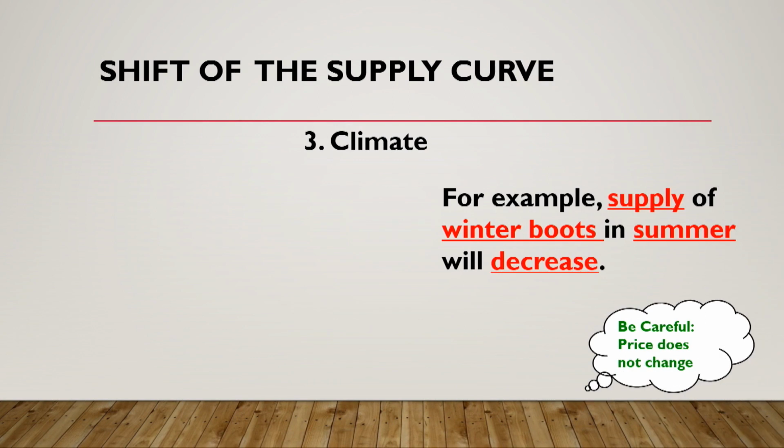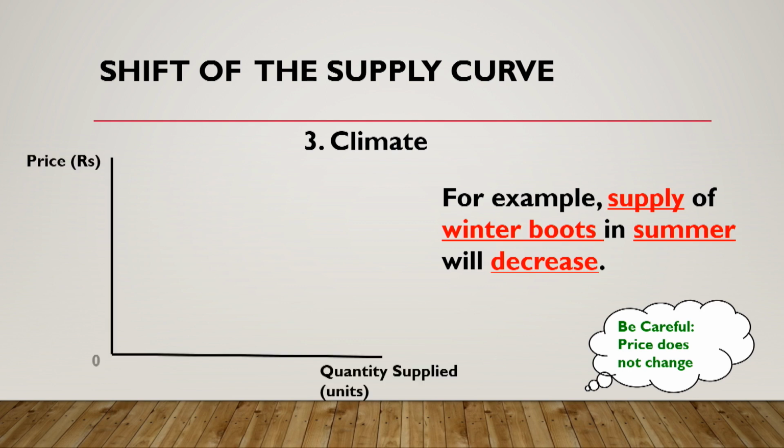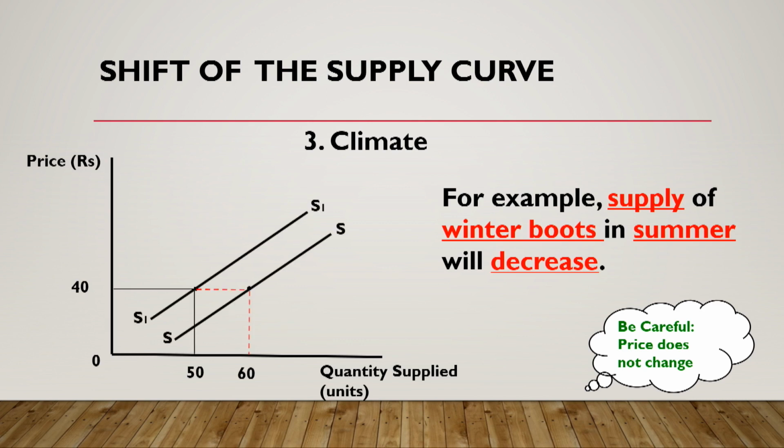For example, supply of winter boots in summer will decrease. As you can see, the supply curve has shifted from S to S1, that is, from point A to point B. Be careful, price does not change.